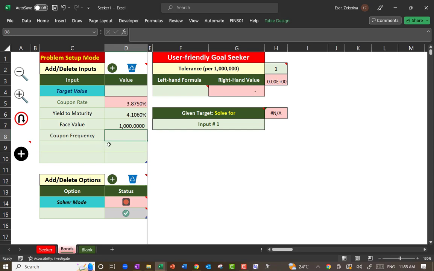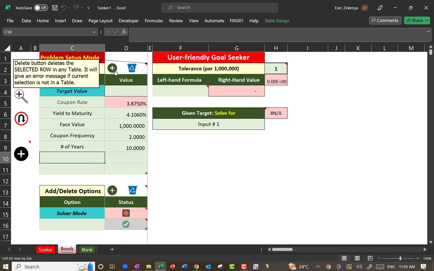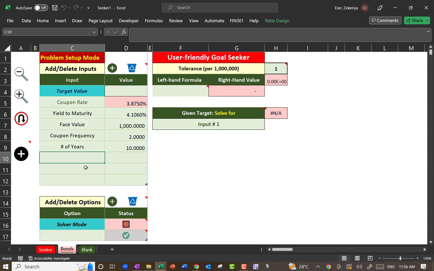Let's see, 2. I think that's all I need, but for cosmetic purposes, I'm going to add a few more. So I'm going to do this.